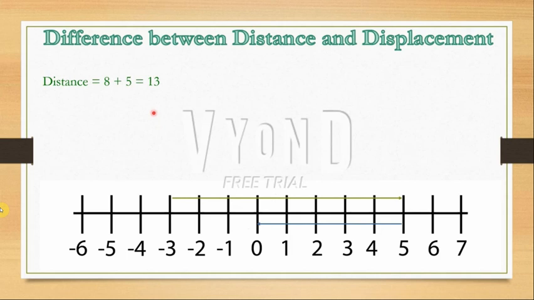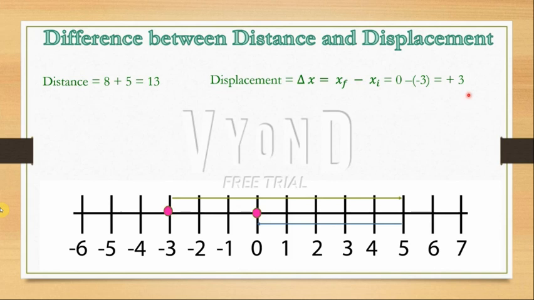Now let's see how we can calculate the displacement. This is the start point where the object started to move, and this is the end point. The displacement, delta x, equals xf, the final point, minus xi, the initial point. The final point equals 0 minus the initial point, which equals negative 3.